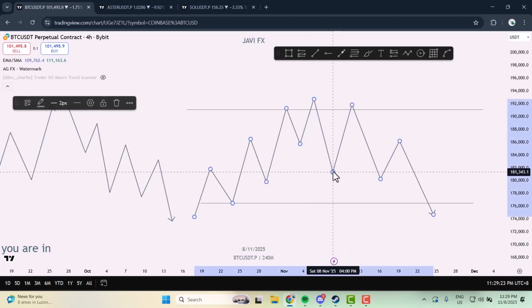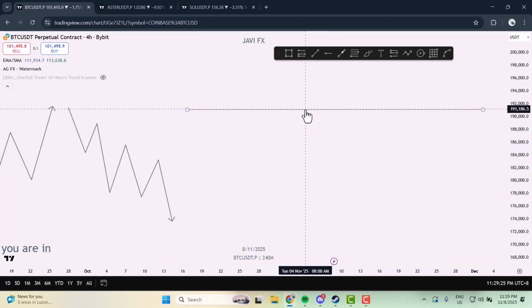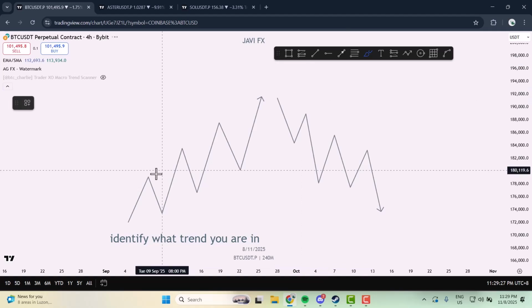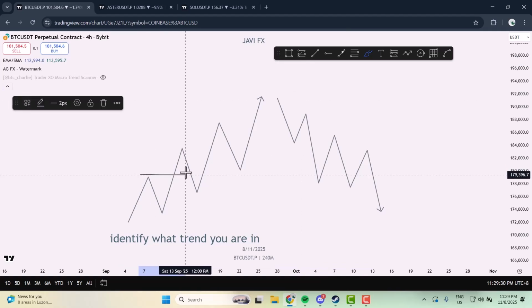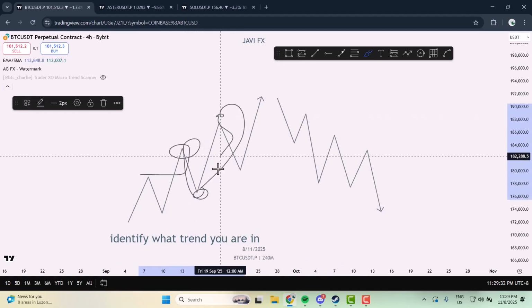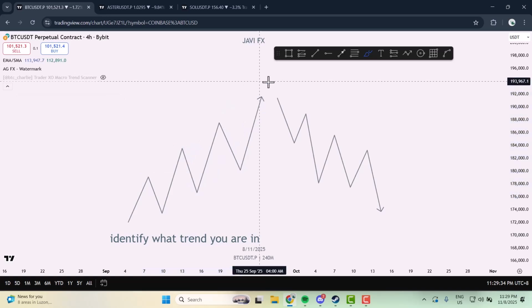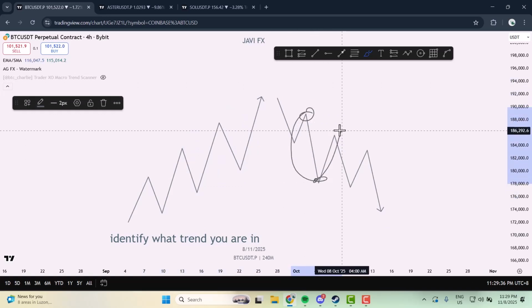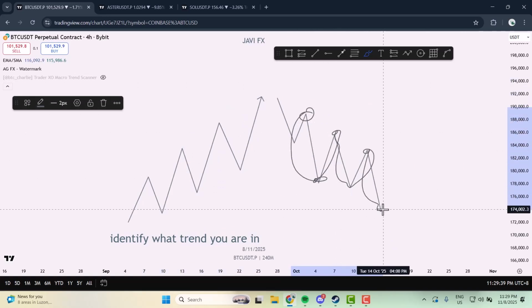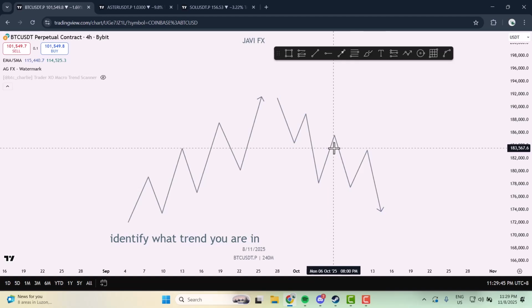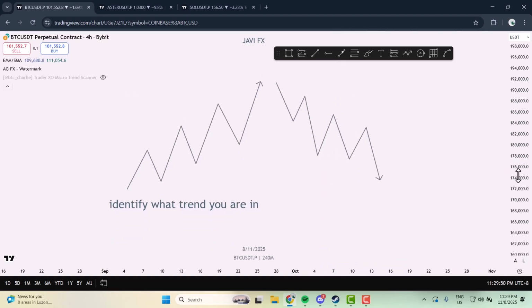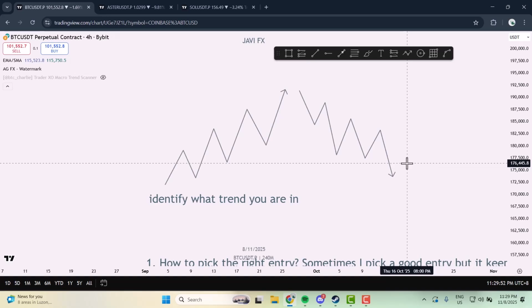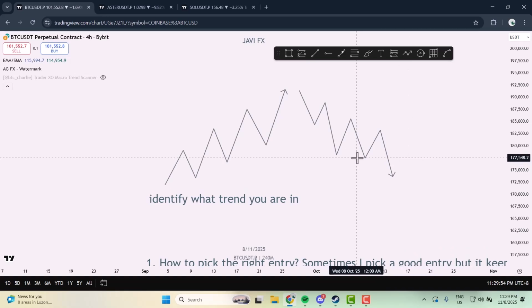So you have to get your foundational market structures in place. Higher highs, higher low, higher high, higher low, higher high. Lower high, lower low, lower high, lower low, lower high, lower low. With this in mind, you would know exactly what trend you're in. So that's immediately step number one and 80% of what we have to do.